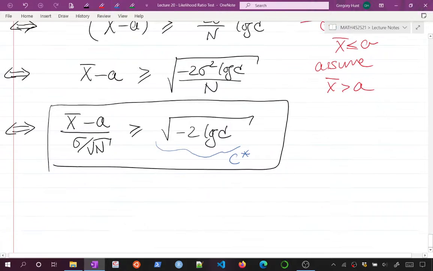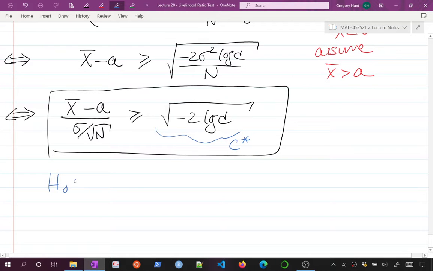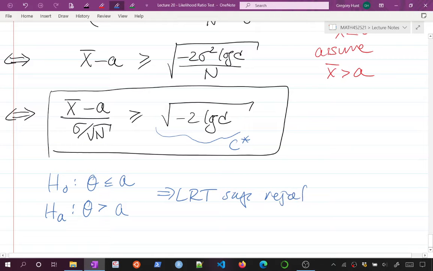If you recall, the original null hypothesis was that our mean theta was less than or equal to a, and the alternative was that theta is bigger than a. And we showed that the LRT says reject if x bar minus a over sigma over root n is bigger than some value C star.